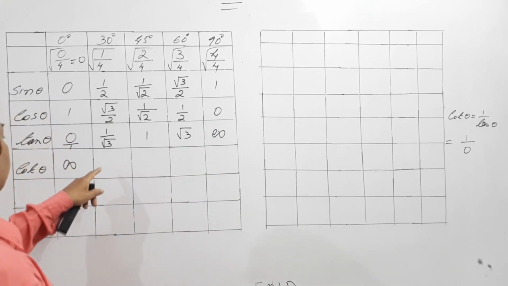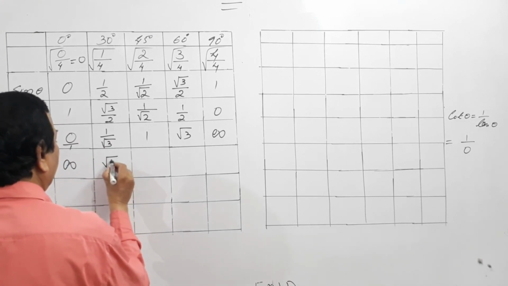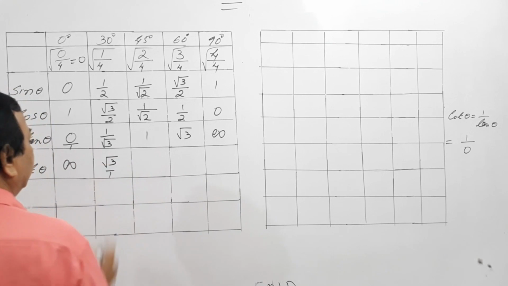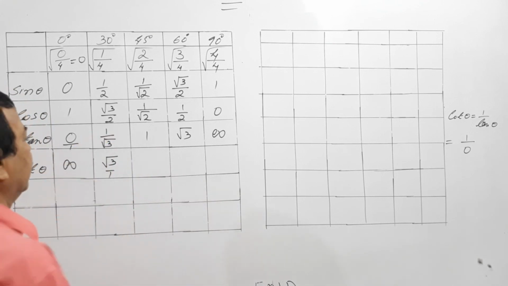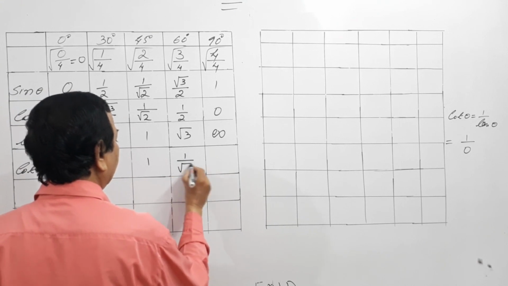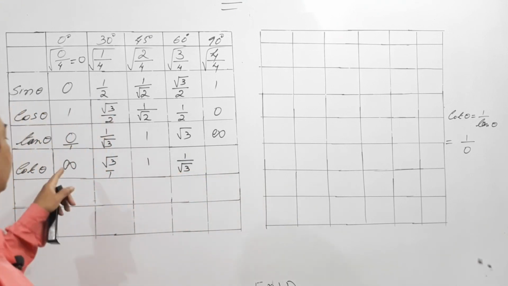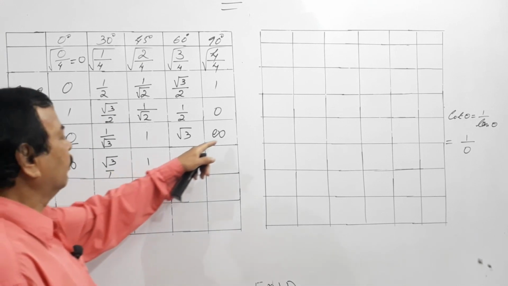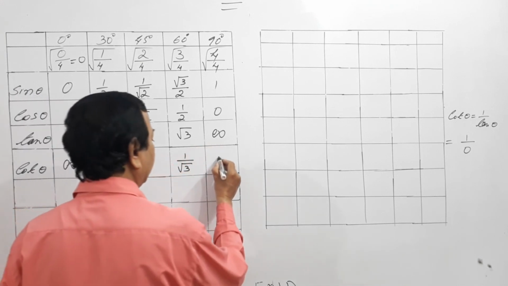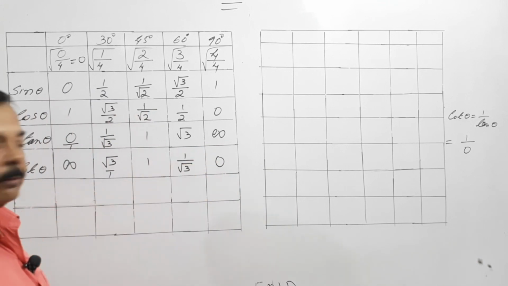Now here again reciprocal of tan. So this becomes reciprocal of root 3, that is root 3 by 1. Reverse it and this becomes 1 by root 3. And 1 by infinity becomes 0.